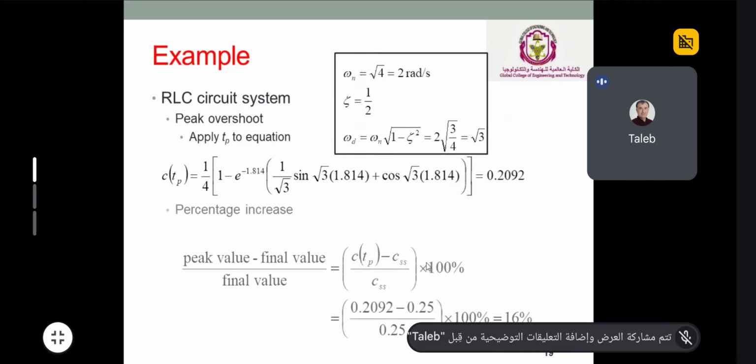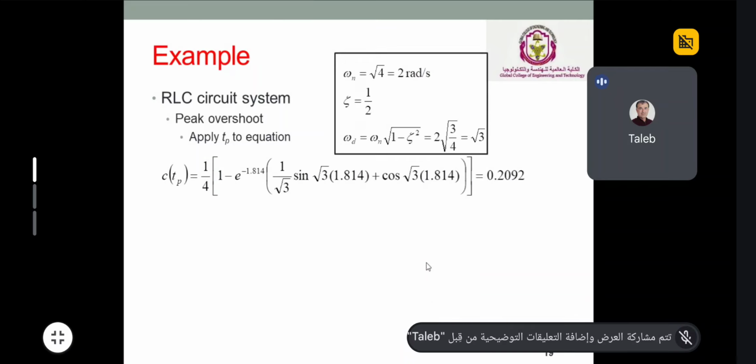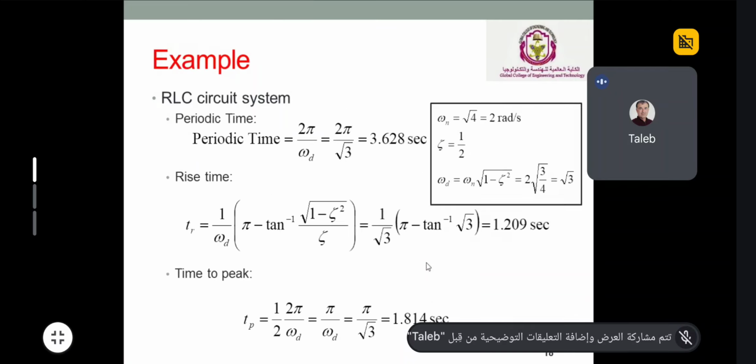Everything will be there, and then C of TP. What is that? C peak, the value of the peak point or overshoot point, is given by that formula. I gave this formula to you before. Just put in omega d, omega n, and TP, because you found TP before.